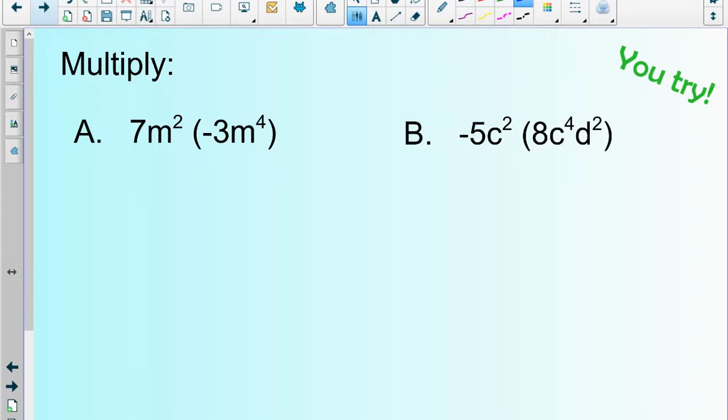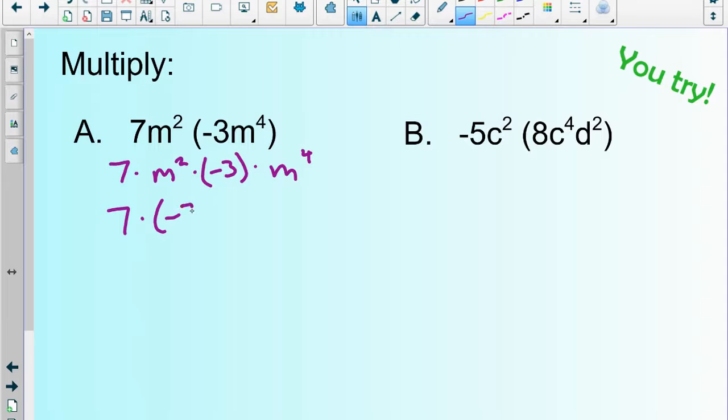So let's take a look at a few examples. For example A, we're multiplying 7m squared times negative 3m to the 4th power. First thing I want to show you is that it is multiplication like this. Yes, it looks like a monomial times another monomial, but really it's like multiplying four things. We've got the 7, the m squared, the negative 3, and m to the 4th power.